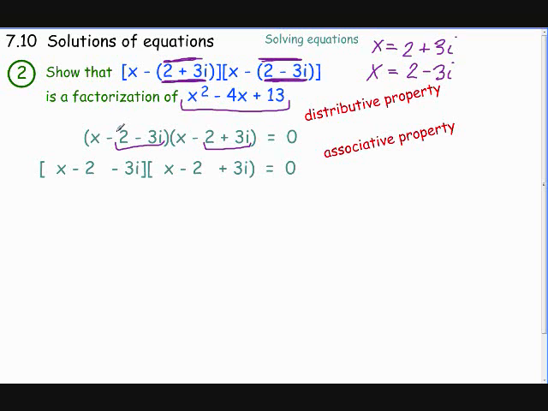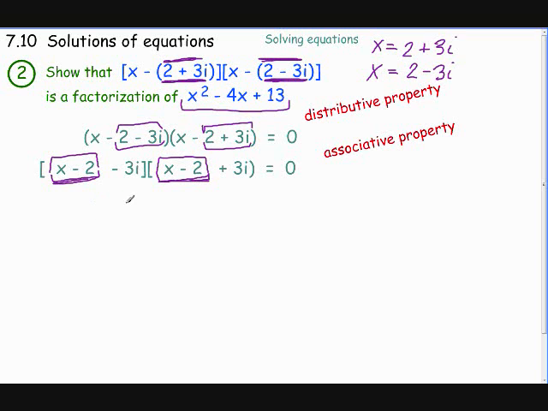So first, when I'm looking at this, I have these associated with each other, the 2 and the 3i, but because of conjugates and how helpful they are, I want you to reassociate these in a little bit different way. Think of the fact that x minus 2 is in this factor and x minus 2 is here, so we can consider this as conjugates.